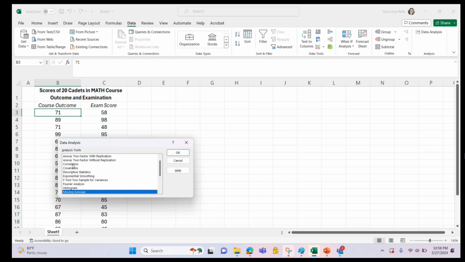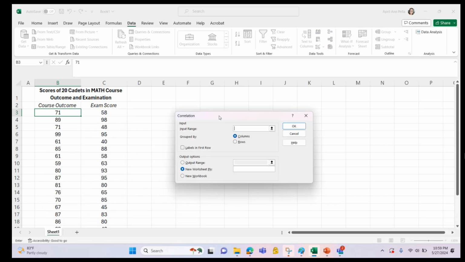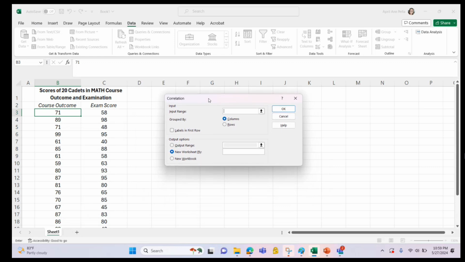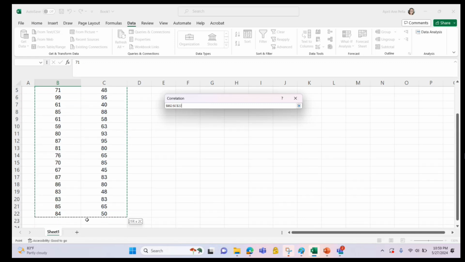So you click on correlation, you click OK, and then in the input range, you simply select from the label, course outcome, then exam score, actually the two sets of data, down to the last pair of values.